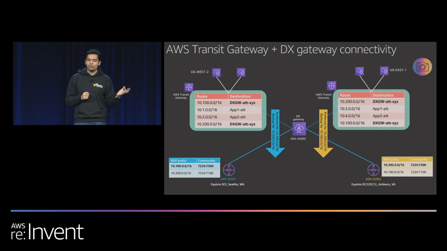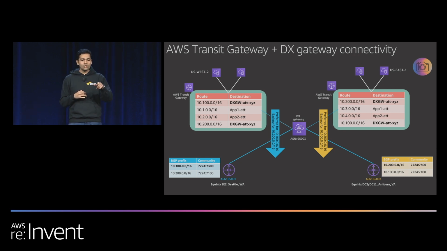For example, the west location is the preferred primary path for the prefix 10.100/16 and a backup path for 10.200/16. We could achieve this by applying a higher local preference community of 7224:7300 to that route. And what that does is dictate the preferred egress path from AWS to use for 10.100/16 the west location.